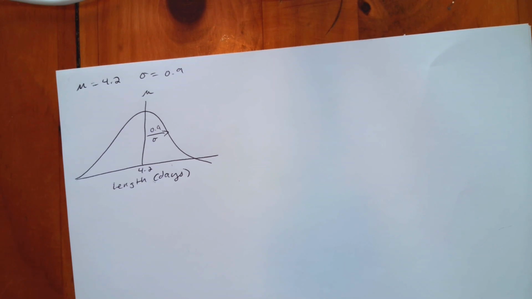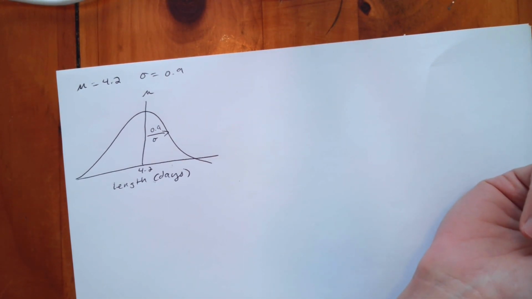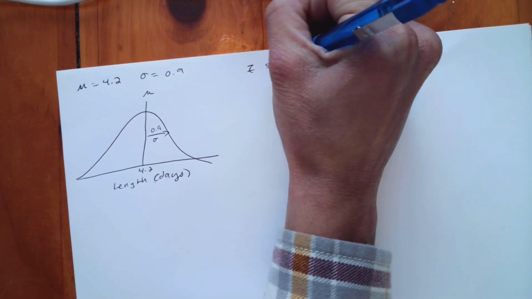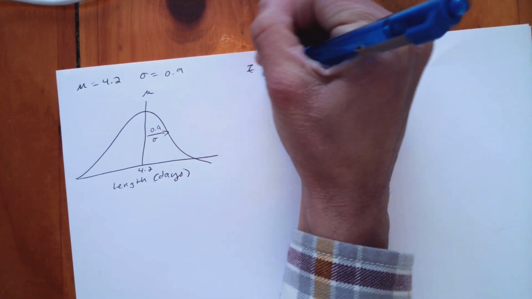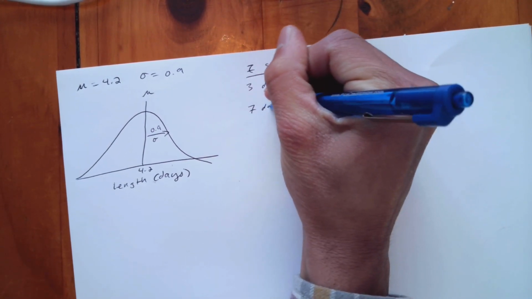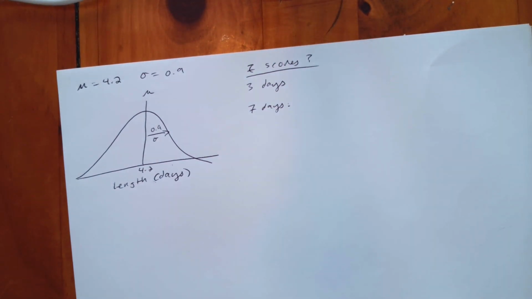So the first part of the question asks us to find the z-scores for the following numbers of days, 3 days and 7 days. So z-scores for 3 days and z-scores for 7 days. To find the z-scores, we'll use our z-score formula.